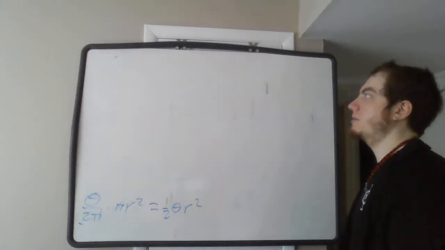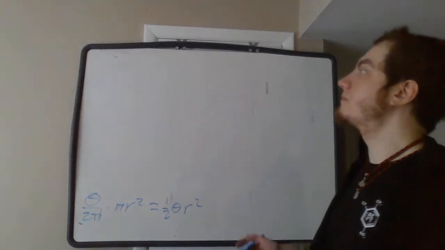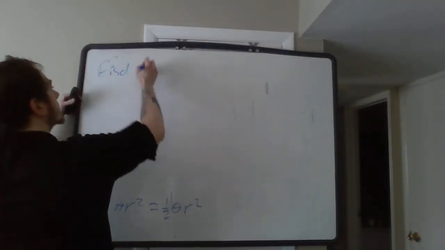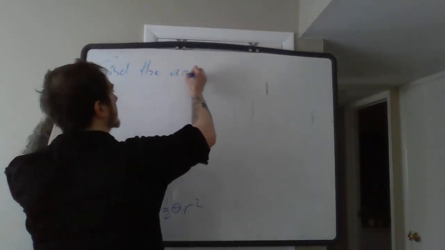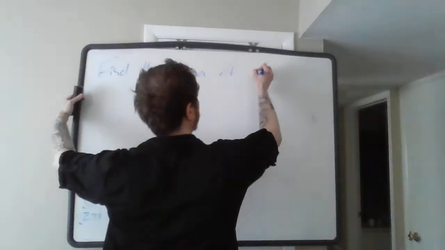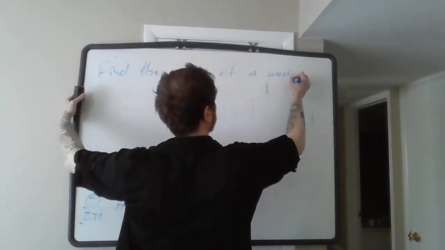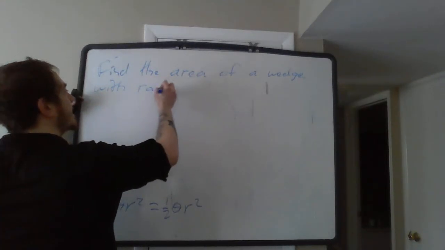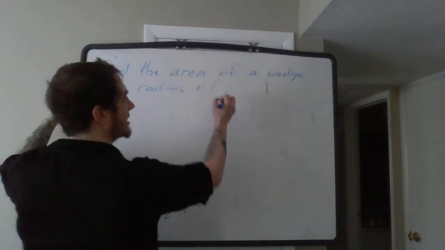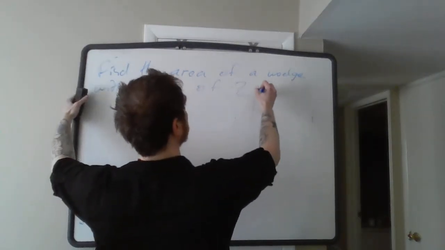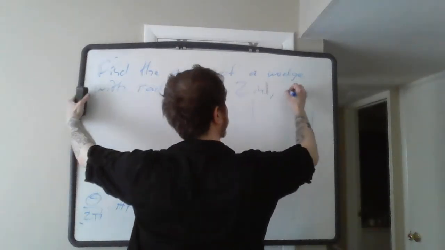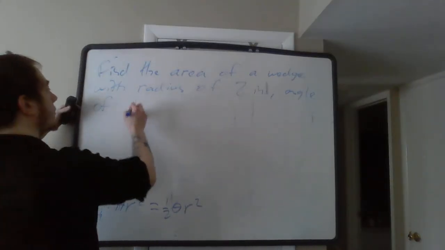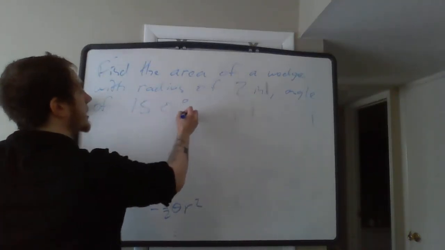So let's suppose that we want to find the area of a wedge with a radius of, let's say, 2 inches and an angle of 150 degrees.